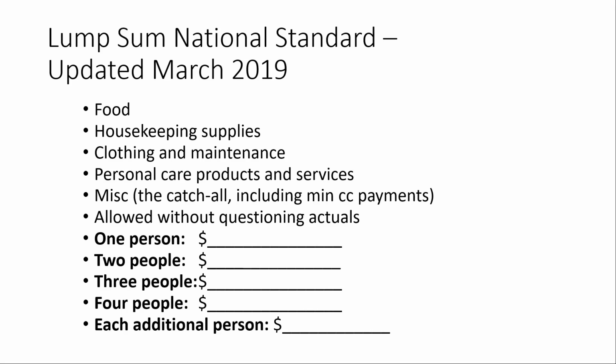And it's also that miscellaneous category. The miscellaneous is for those expenses that we all incur, but that the IRS doesn't see fit to break out individually. So this might include your gym membership. This includes school supplies for the kids. This includes those minimum credit card payments.